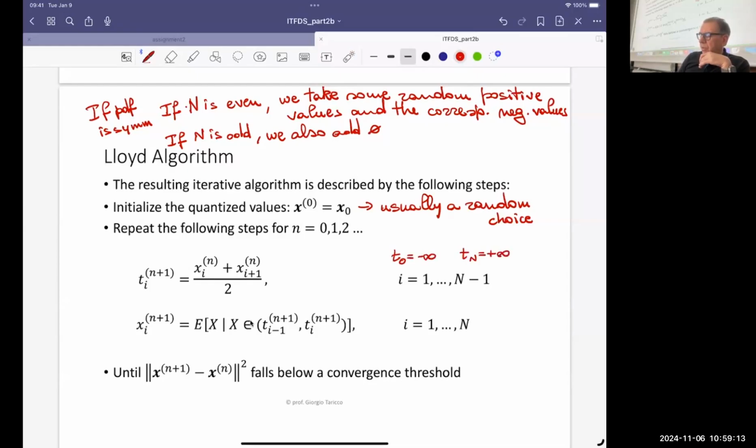Oh, well, actually, this is not completely true because the probability density function can be defined over a finite range.